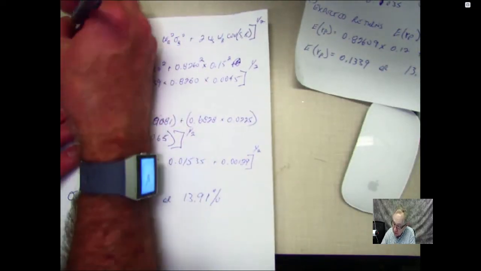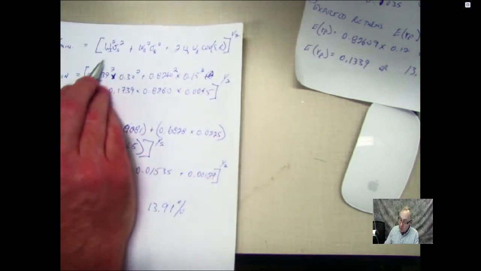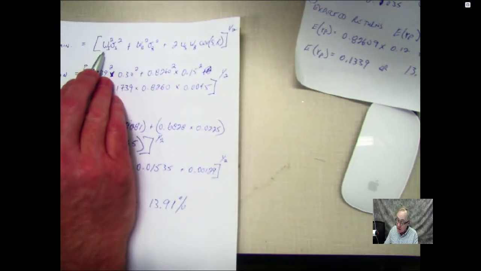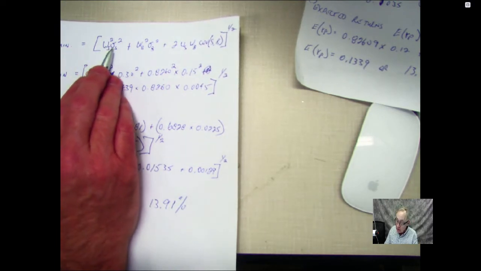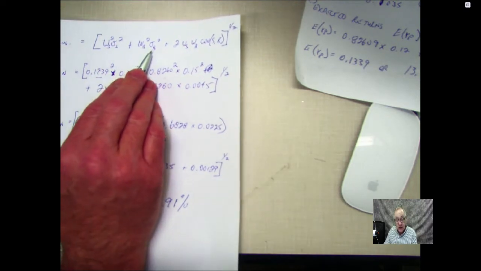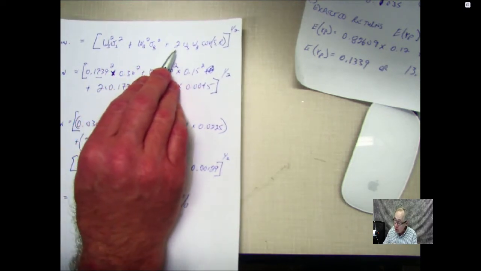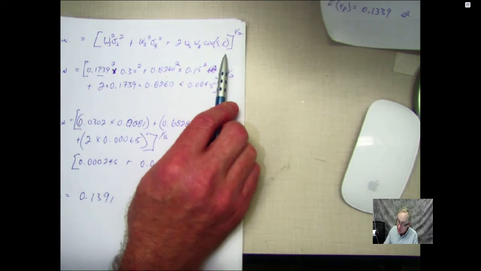So part 4 is calculating the standard deviation of the portfolio. Our formula for this is weight of stocks squared times variance of stocks plus weight of bonds squared times variance on bonds plus 2 times weight of stocks times weight of bonds times the covariance between stocks and bonds.